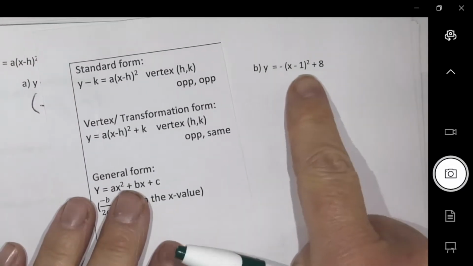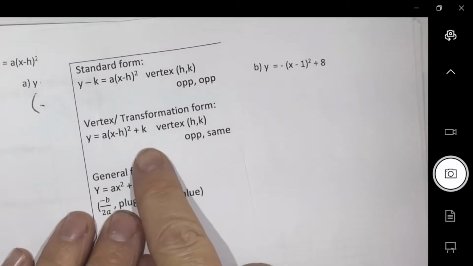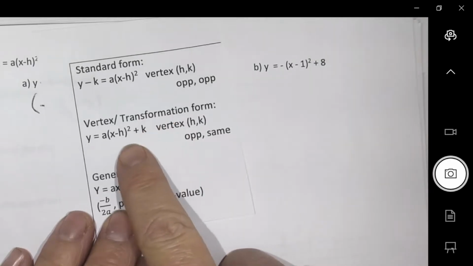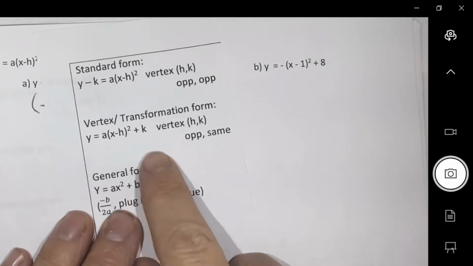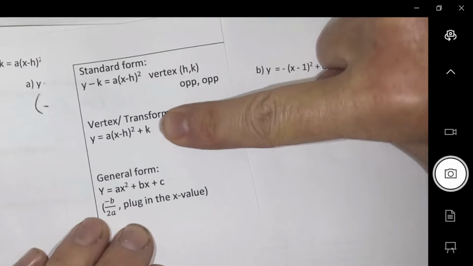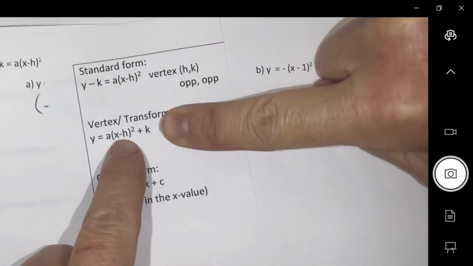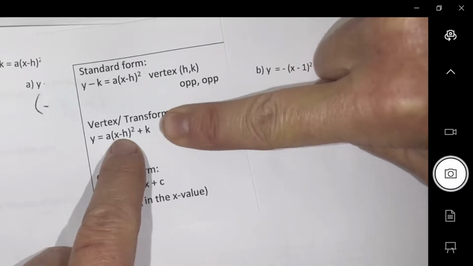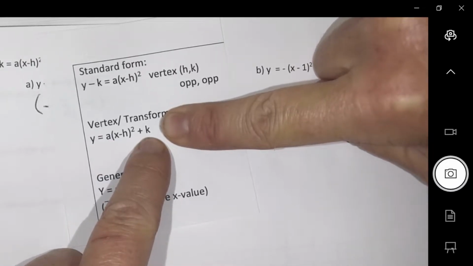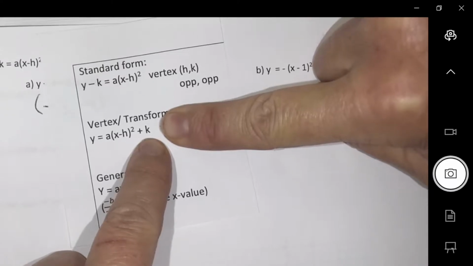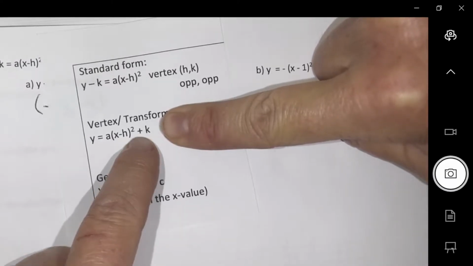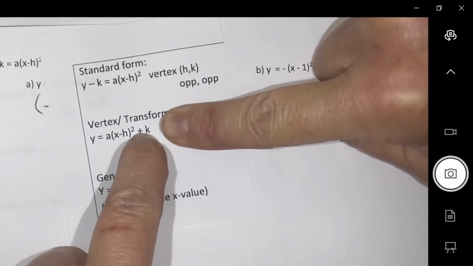Okay, this B, it's in the second form, so I don't give you this stuff over here. Once you look at that, you should see the H part is a subtract and the K part is a plus. So that tells you this would be an opposite value and this would be a same value.